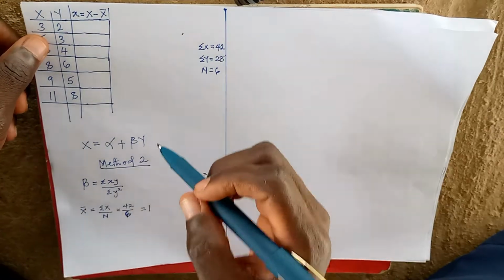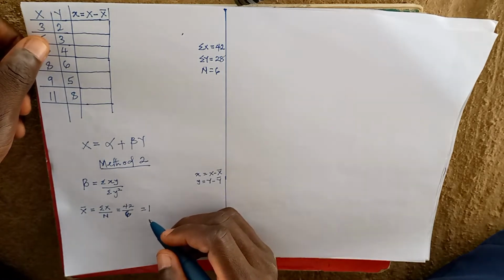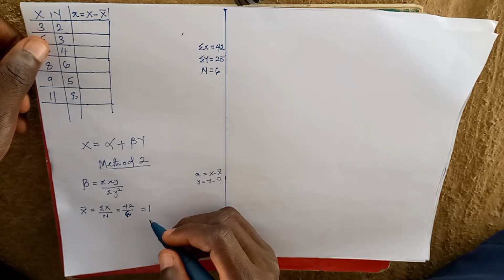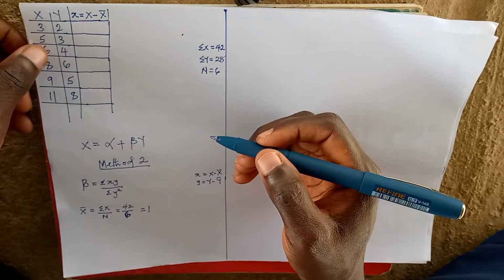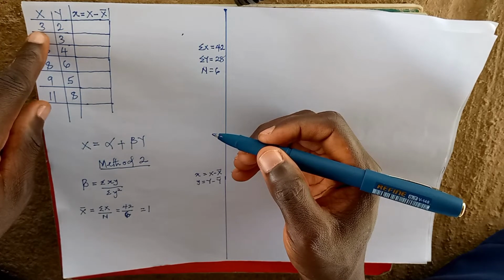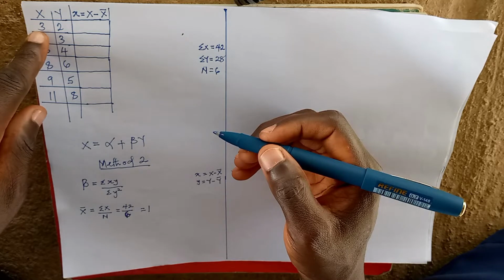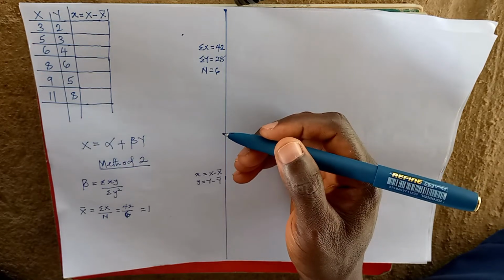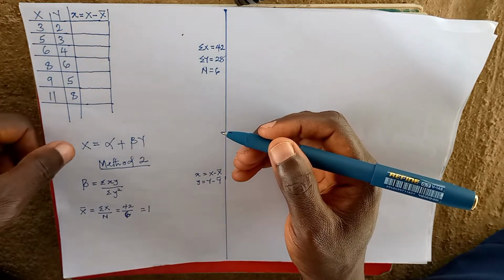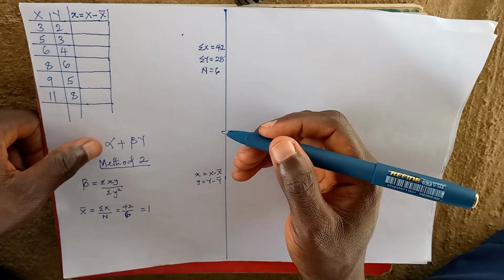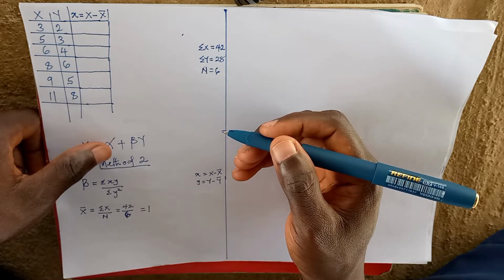Now we say, how do we do that? Since this is our alpha, y equals alpha plus beta x.